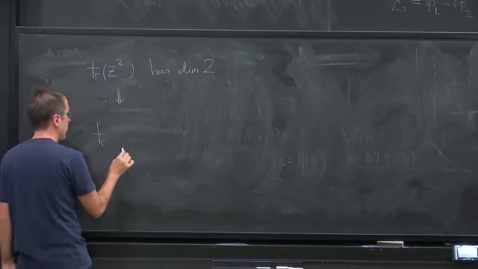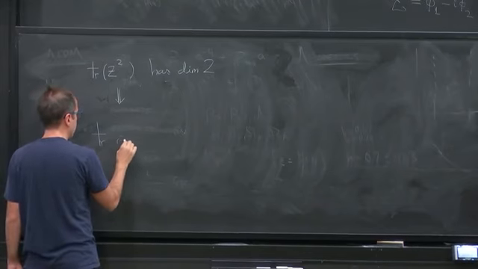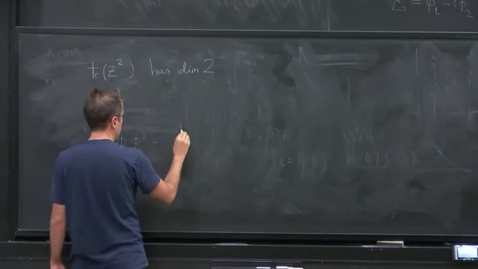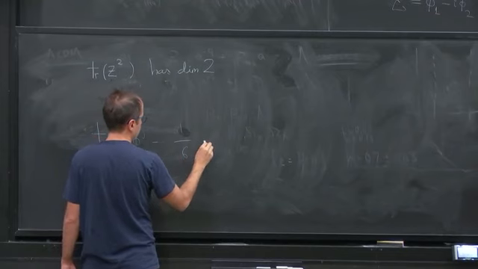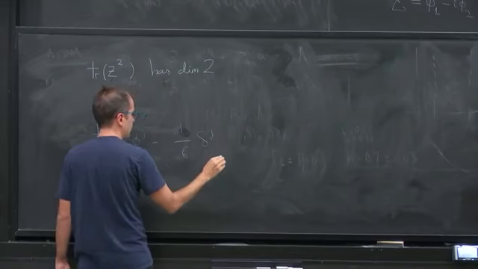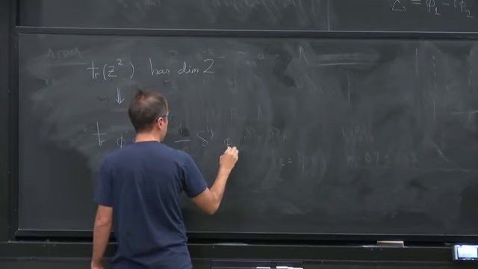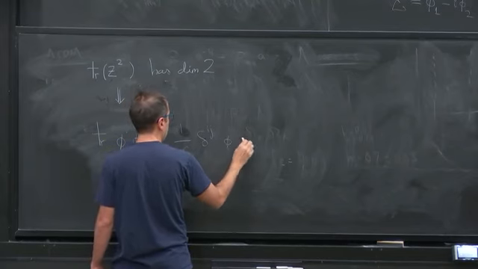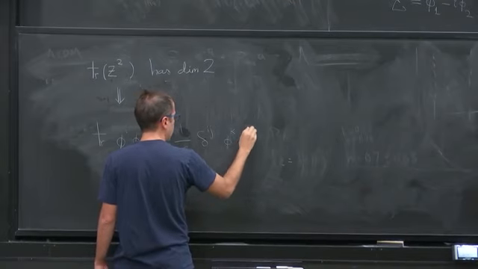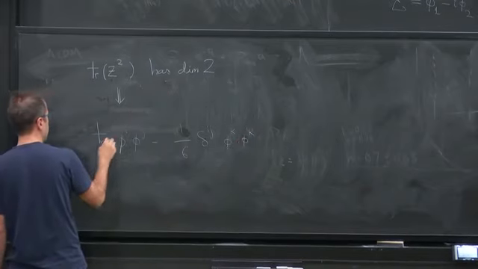Let me write the first one, which is maybe easier: trace of φ_i φ_j minus 1/6 δ_ij φ_k φ_k.